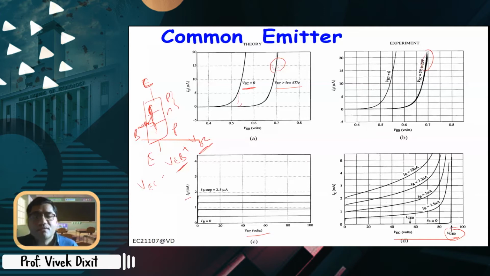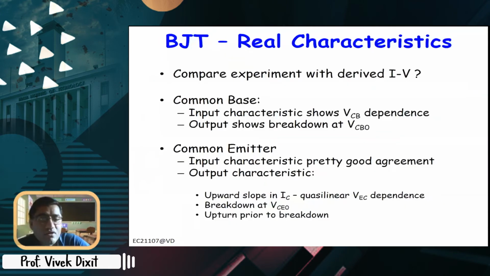So this is the summary of the comparison. For common base, the input characteristic shows VCB dependence. The output characteristic shows a breakdown voltage of VCBO. Similarly, for common emitter, the input characteristic has pretty good agreement, but in the output characteristic, you have an upward slope for IC, right?